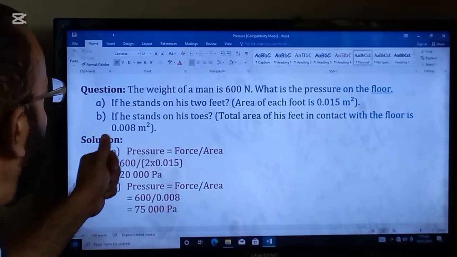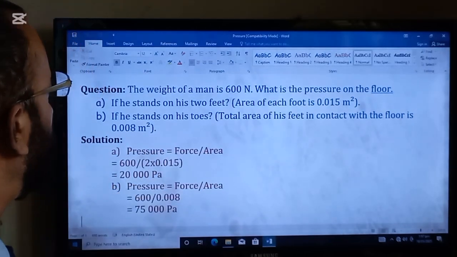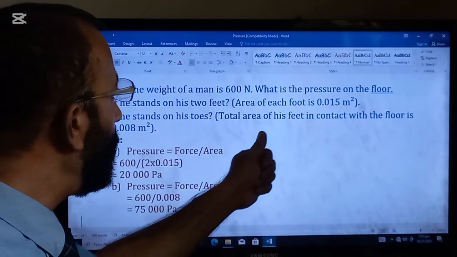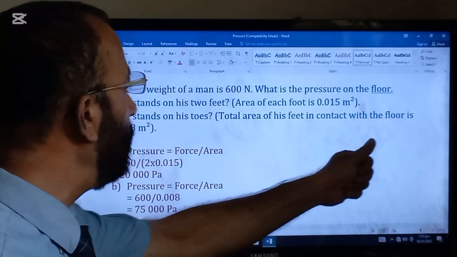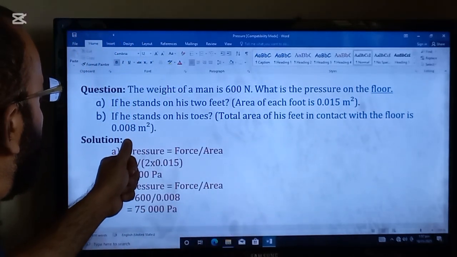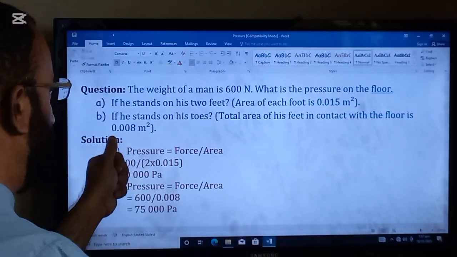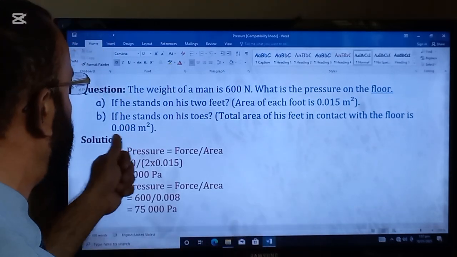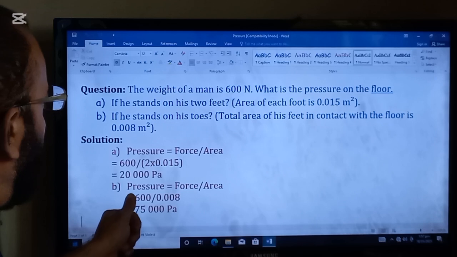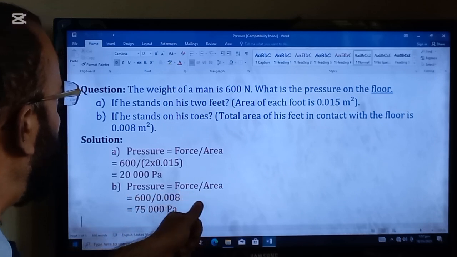Part B is if he stands on his toes. The total area of his feet in contact with the floor is 0.008 meters square. So it means 2 toes area is this. The formula is pressure is equal to force over area.